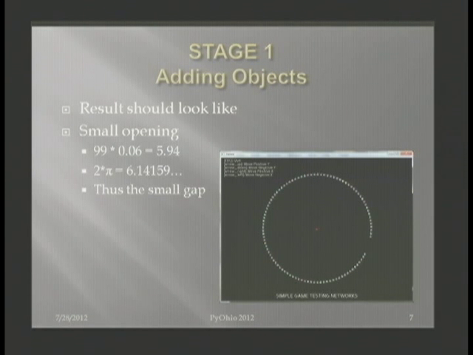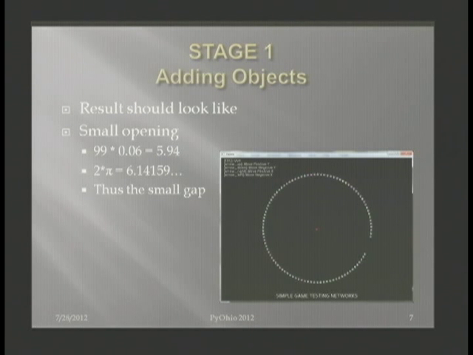Now that small opening I referred to: there are 100, and if you look at 2 pi divided by 100, it is approximately 0.06. I like to use approximation when I'm doing math.